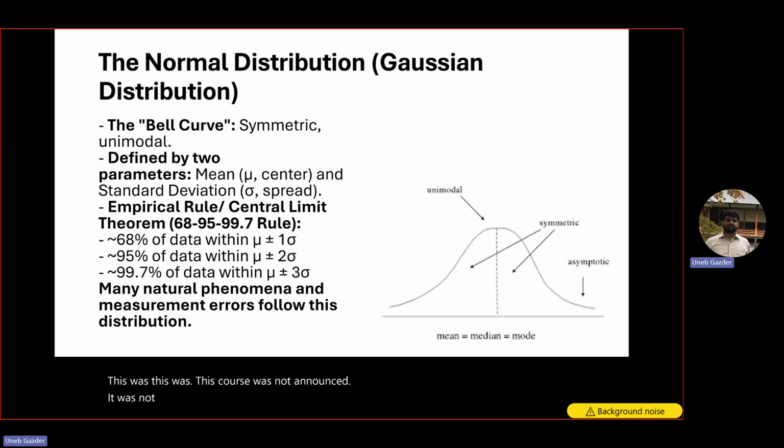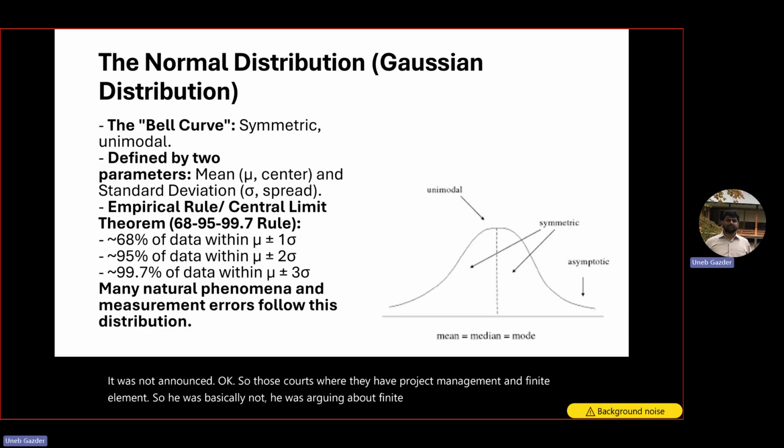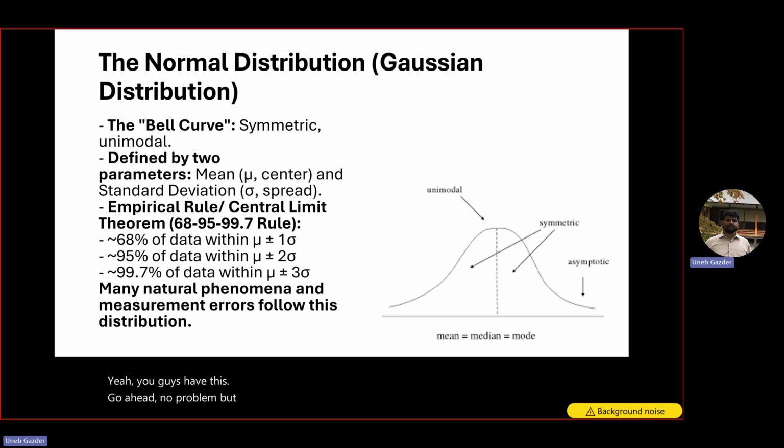Those courses where they have project management and finite element, he was arguing about finite element. You guys have this, for structure, yes. This was the point.